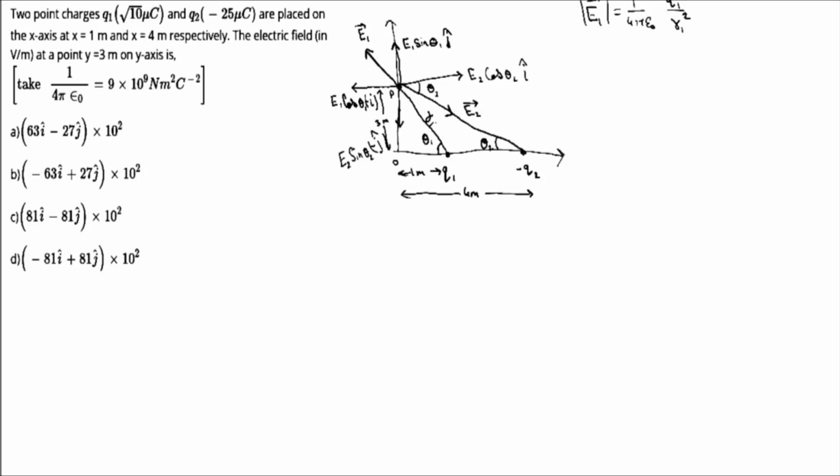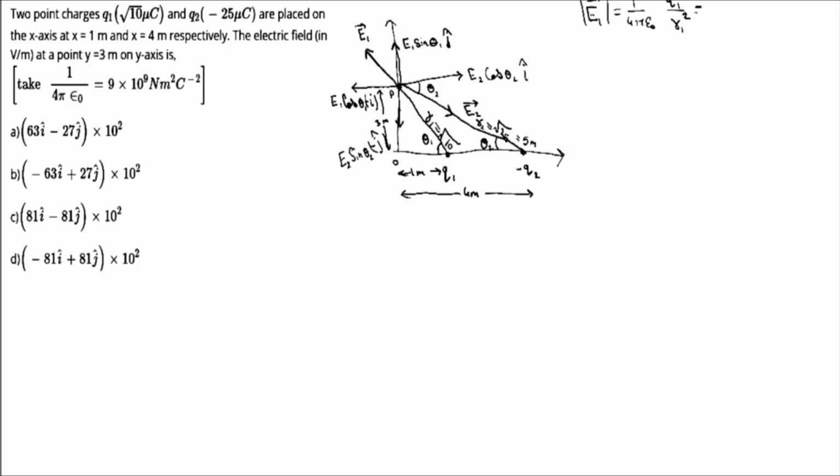R1 is equal to under root of 3 square plus 1 square, that is under root 10. If we talk about R2, taking the big triangle of theta 2, we have 3 meter and 4 meter, so it will be under root of 3 square plus 4 square, which results in 25, or we can say 5 meter. So this is what we have, R1 and R2, the position vectors.